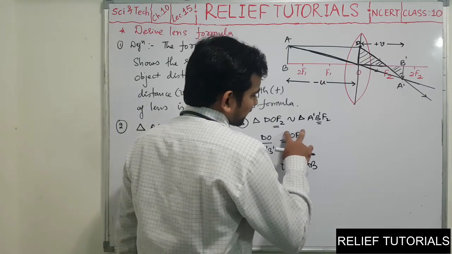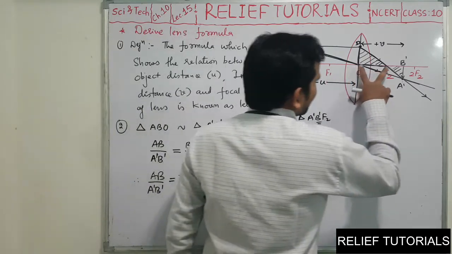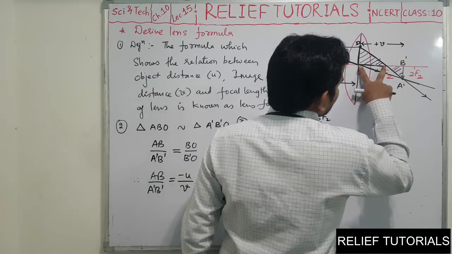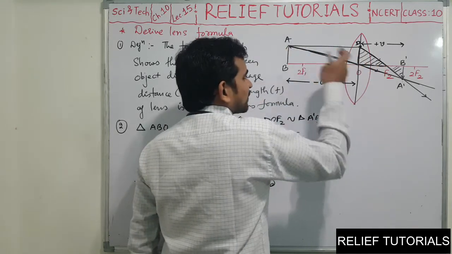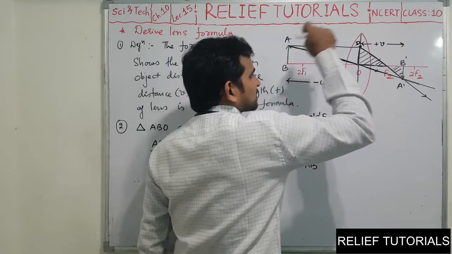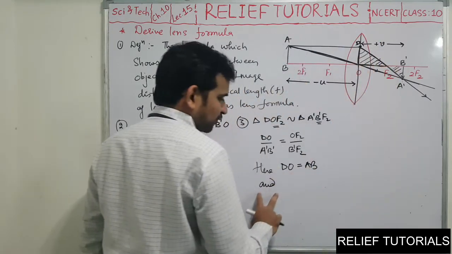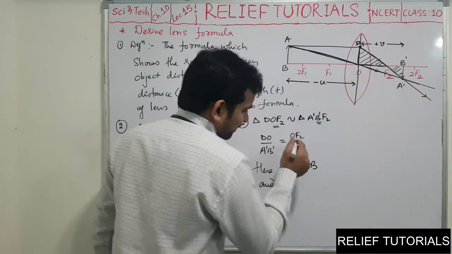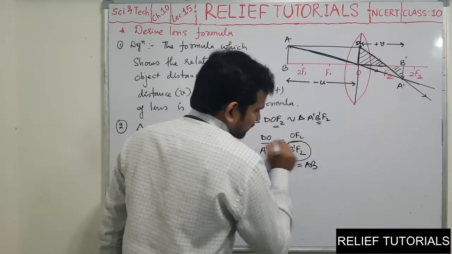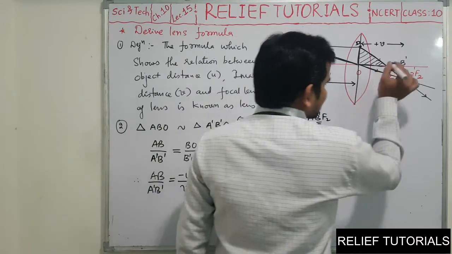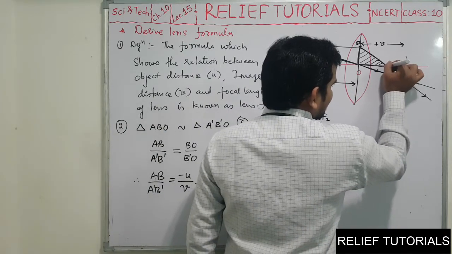And what another thing can we replace? Look at this OF2. I think it's a focal length. Here we have placed the object on the left hand side, so its principal focus is on the right hand side. So OF2 means it's a positive focal length. Done. One more thing, B dash F2. Where is this distance? B dash F2 is this one.